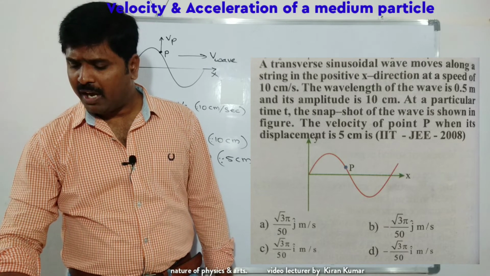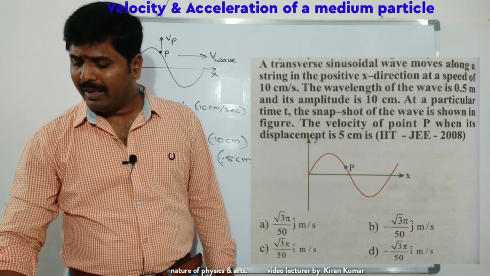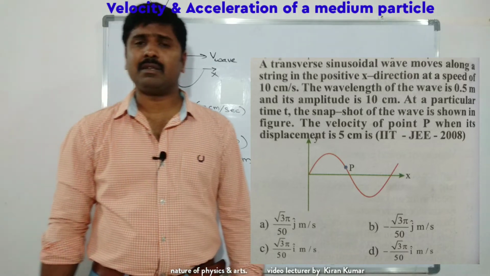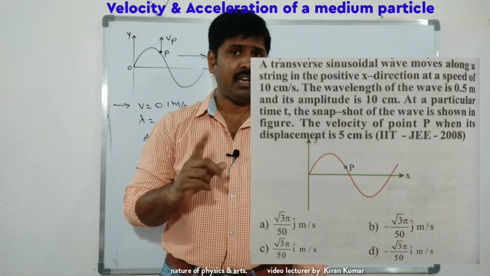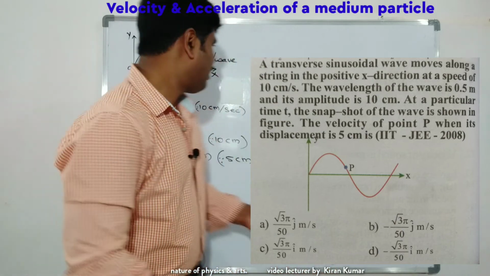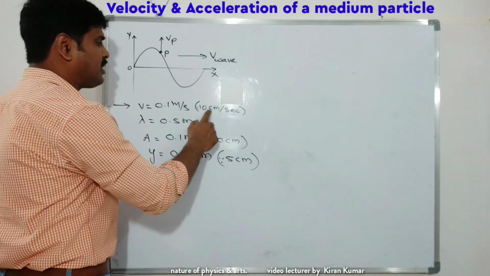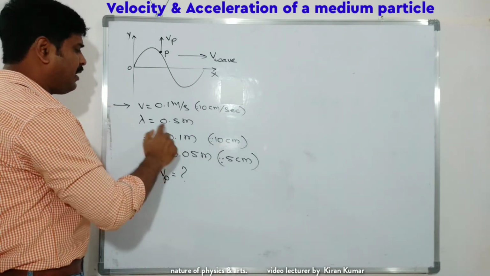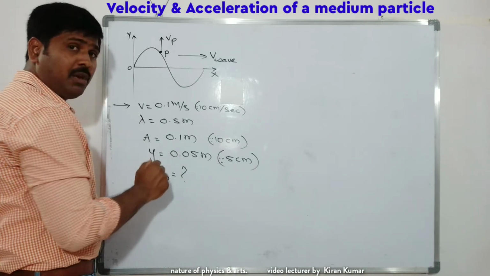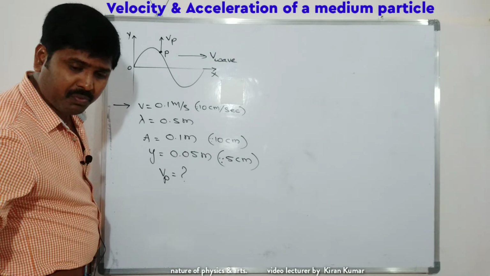The velocity of a point P, when its displacement is 5 centimeter, is? What is asked in the question? The velocity of the particle. See the given values here: the velocity of the wave is 10 centimeter per second, the wavelength is given, the amplitude is given, and the y value, the vertical displacement, is given. Here we have to find the velocity of the particle.